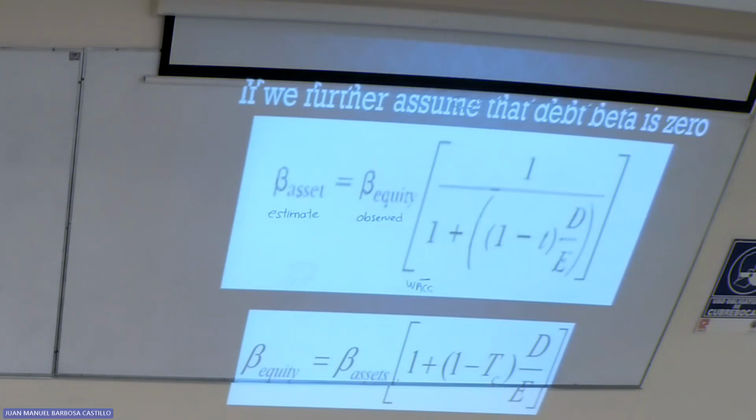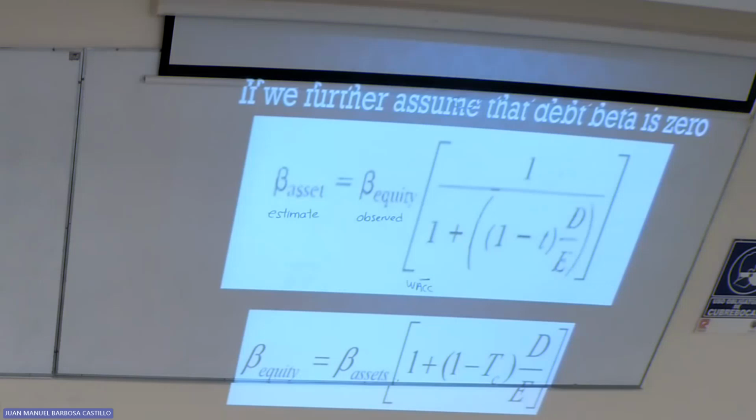I am going to need secondary market prices for the debt, for the bonds. You understand what I'm saying? I calculate returns using secondary market prices for bonds, and I estimate betas for that time series. It's going to be the beta instead of equity beta, because instead of having prices for shares, I'm going to have prices for bonds. And I'm going to measure the market risk of the bonds, which is the beta.